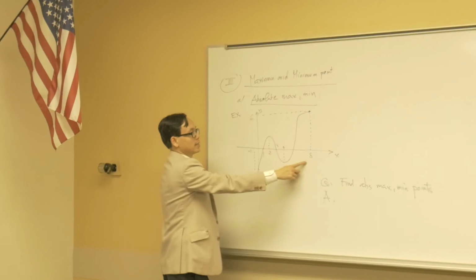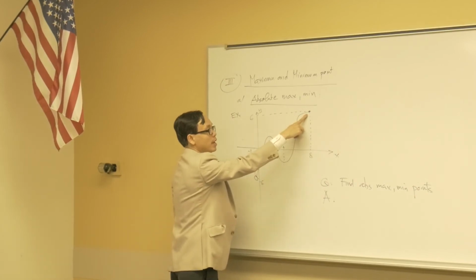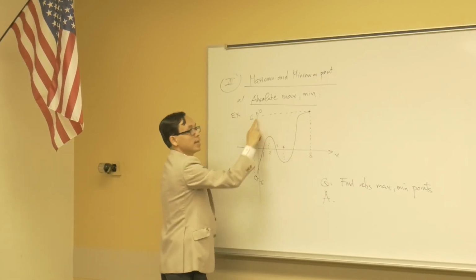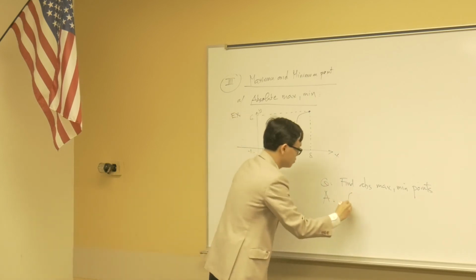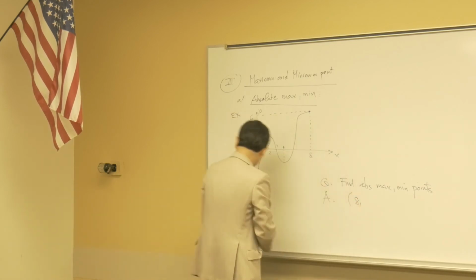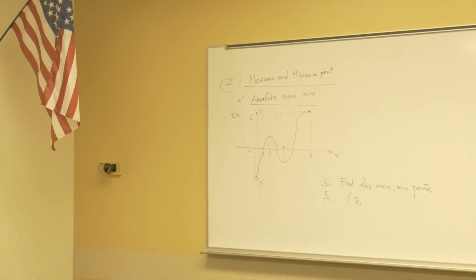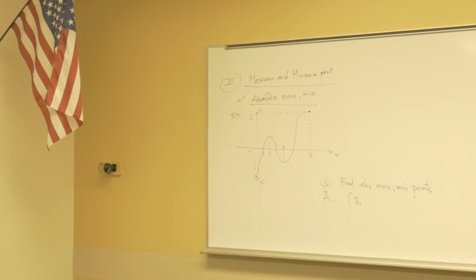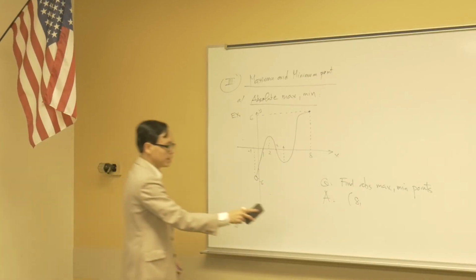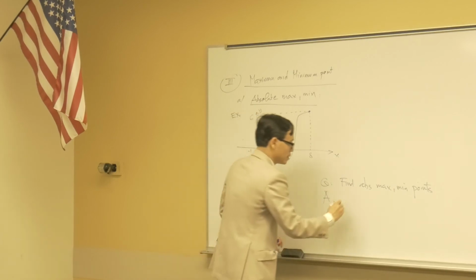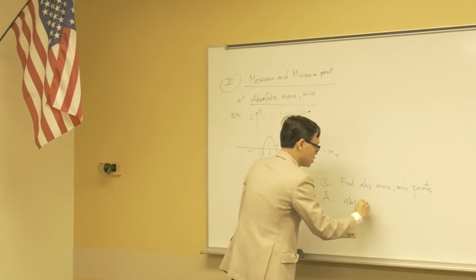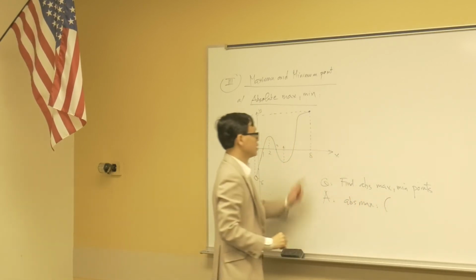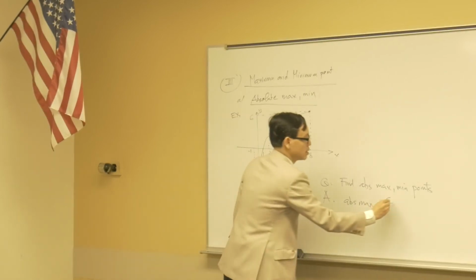Stephen just told me that the highest point here has coordinate 8 and 6. So the absolute max will be 8, 6. This is an ordered pair, not an interval.